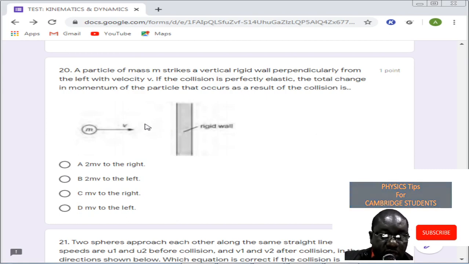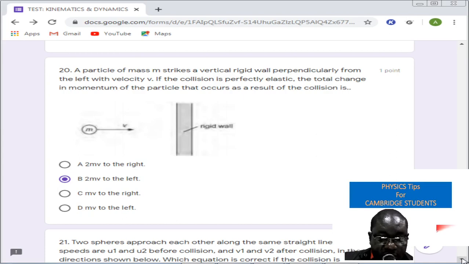If it's perfectly elastic, it means the speed that it bounces off with is the same as the speed that it hits the wall with. So it's going to be minus mv minus mv, which gives you 2mv to the left. It should be to the left, because it's final momentum minus initial momentum. Final momentum is to the left, so the change will be to the left.